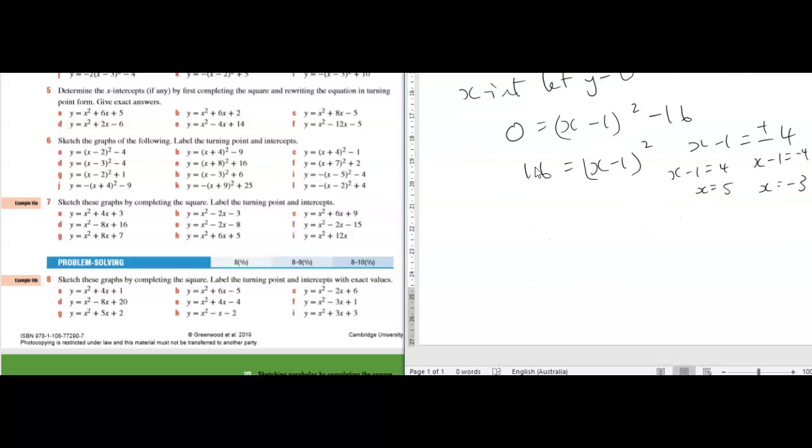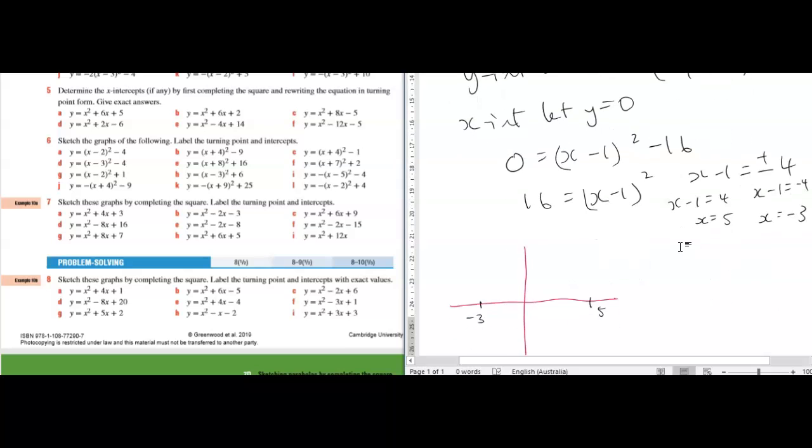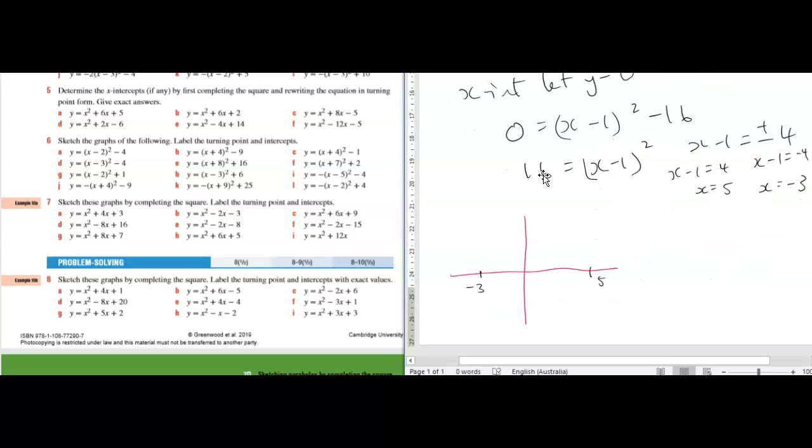Okay, so we need to sketch this now. So it is a positive parabola. They're all positive parabolas that we're doing for question 7. Our x-intercepts are at 5 and -3, so let's put 5 over here. Now notice how I never do a scale. I think when you do a scale, things get messy and there's expectations of what it should look like. The y-intercept is -15, so we're going to be right down here.